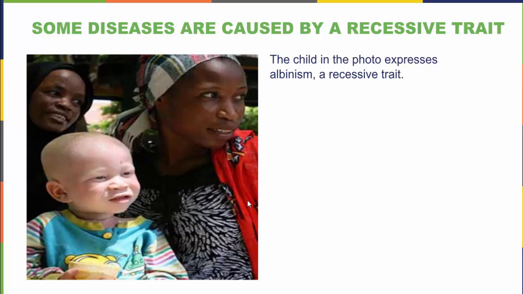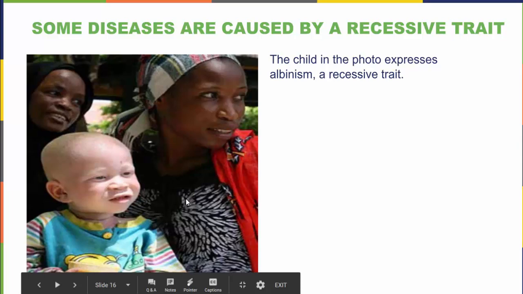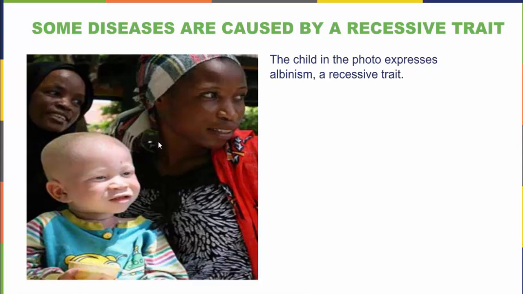Of course, there are some diseases that are caused by recessive traits. This is an example here of a kid that has albinism, which is a recessive trait, which means that anyone that does not have albinism is either homozygous dominant or a heterozygote.